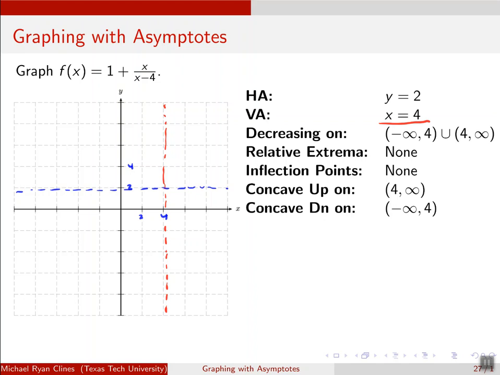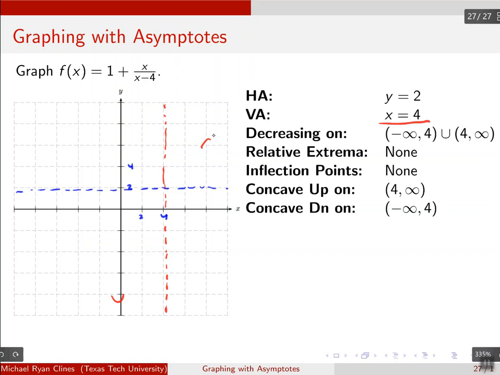So that means on this side, we're kind of going in this direction. We're kind of decreasing here and we're kind of decreasing there. So we know that. But we also know we're concave up in here. So our concavity is facing up in this region and down in this region.